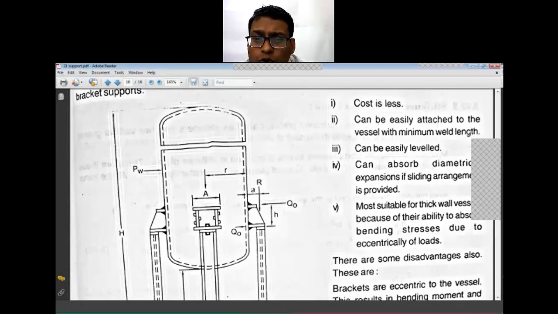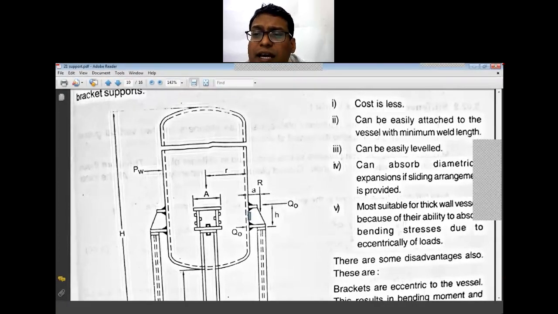Minimum weld length means we are trying to reduce the welding cost, and it can be easily leveled. Leveling is required for proper operation, and this can be done very easily.